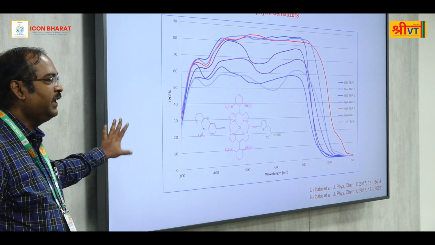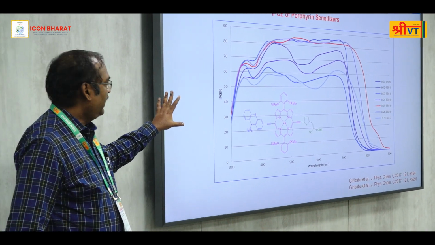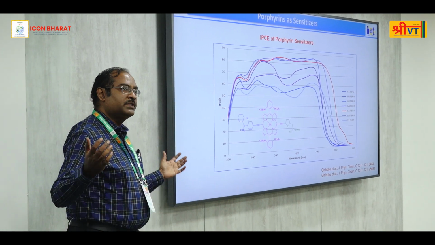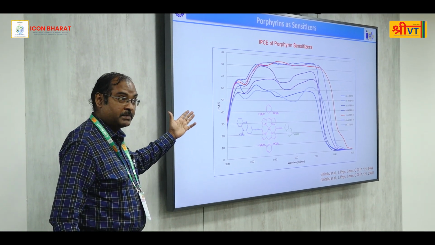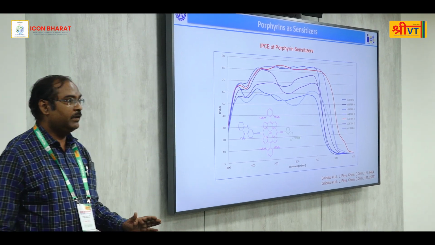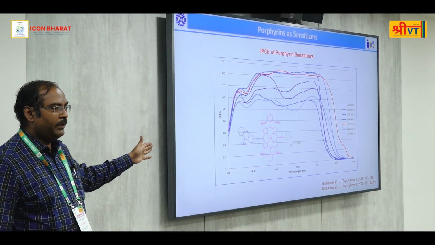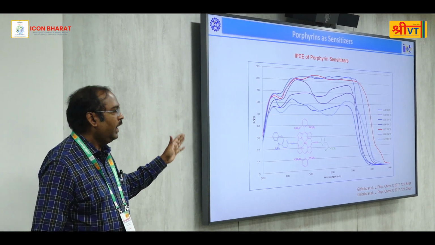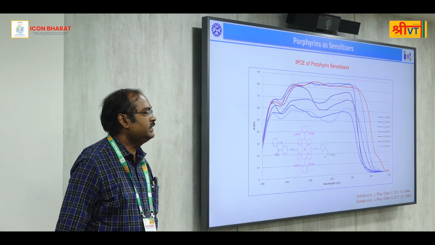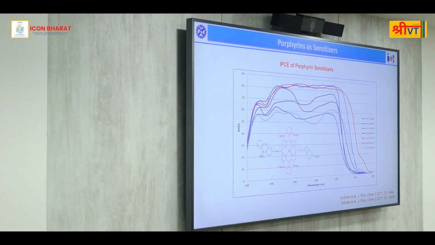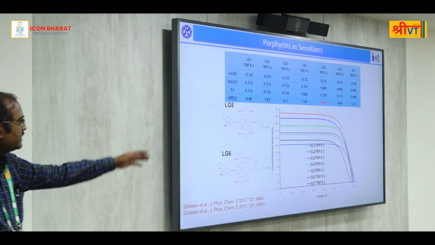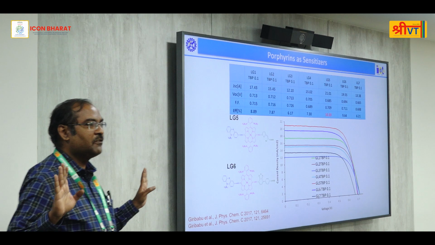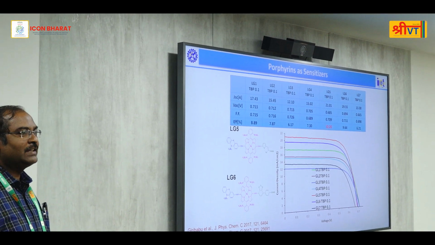Now we are very happy that CSR is holding the patents on these molecules, and we have scaled up these molecules from milligram to 5 gram scale, and we are in talks with one industry in Bangalore, and they are ready to commercialize our products. And we reached up to 10.2% efficiency. Yes, we are very happy, and our funding agency is also very happy.